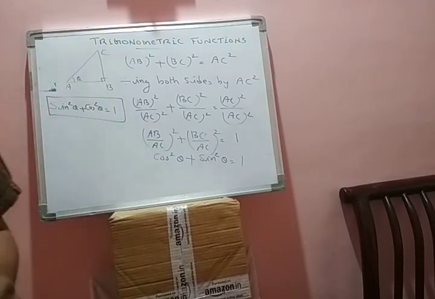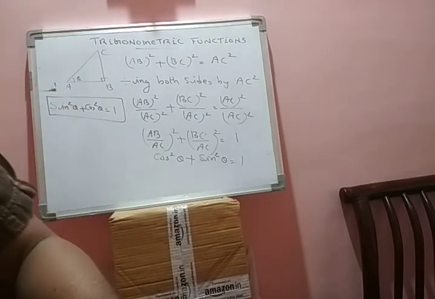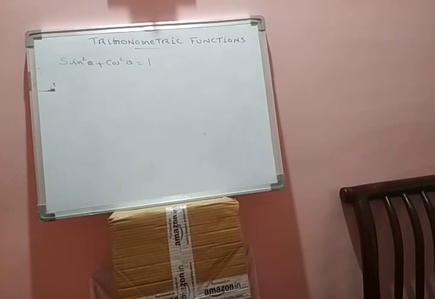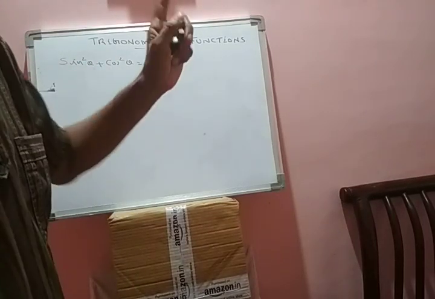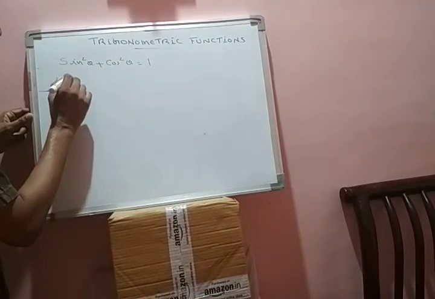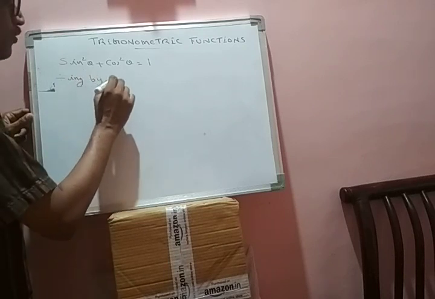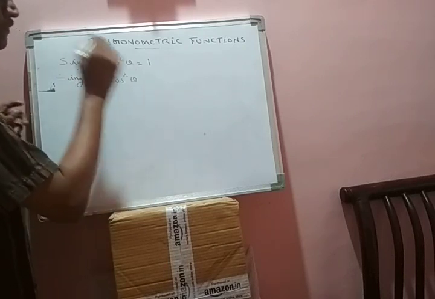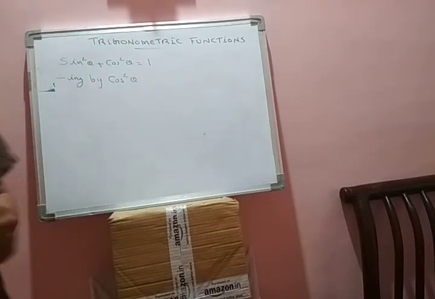Sin squared theta plus cos squared theta is equal to 1. This is very important. We proved the result sin squared theta plus cos squared theta is equal to 1. Next step, dividing both sides of the equation by cos squared theta.